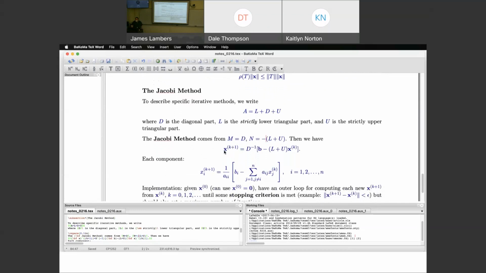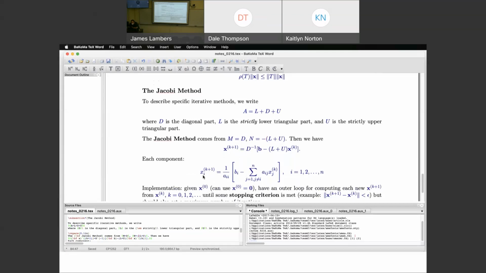So I can write the iteration this way. The new x is equal to D inverse times b minus (L plus U) times the old x. And here's the same iteration written in component by component form.